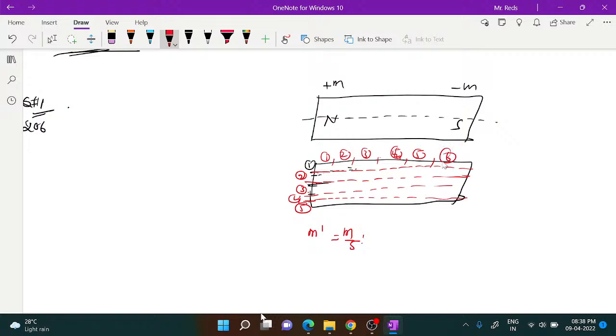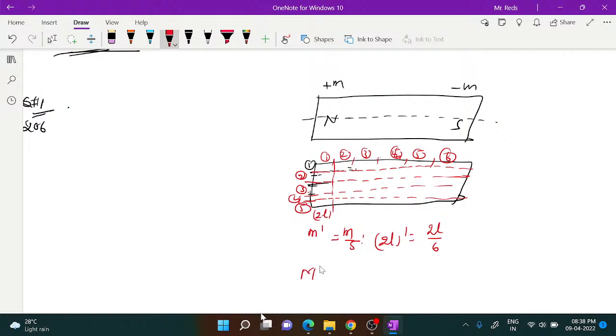We have to divide this equally. 2L dash is the length of each piece. When you cut 5 times, it becomes 6 equal pieces, so the length becomes 2L by 6.